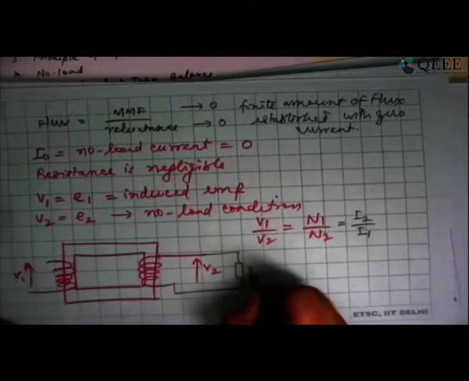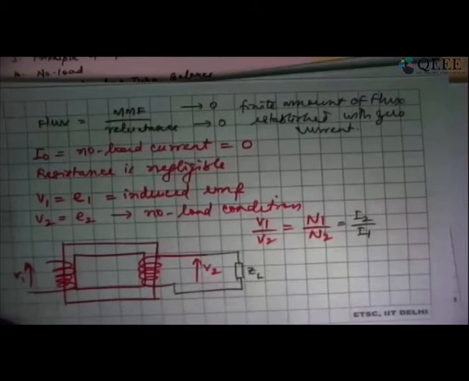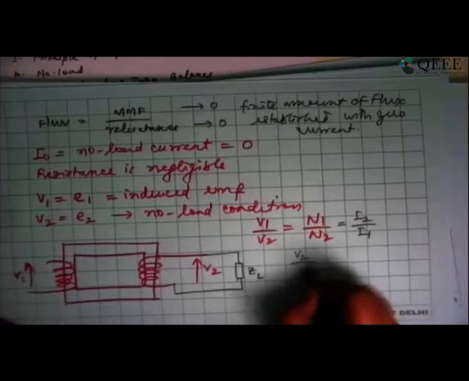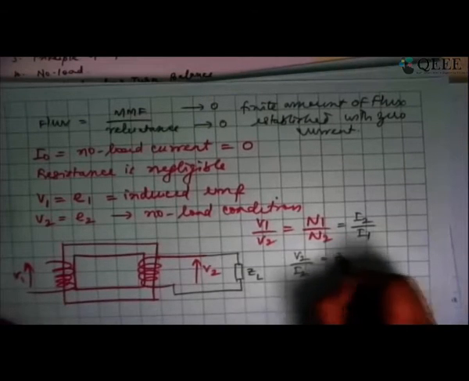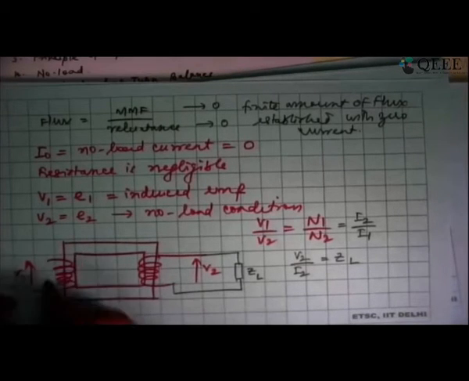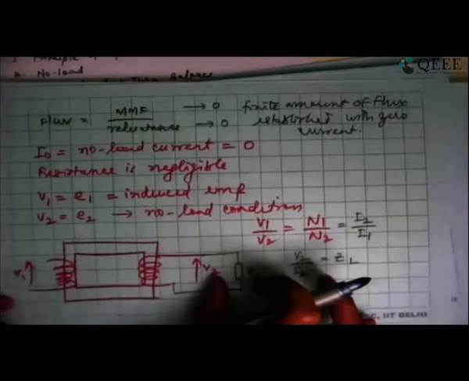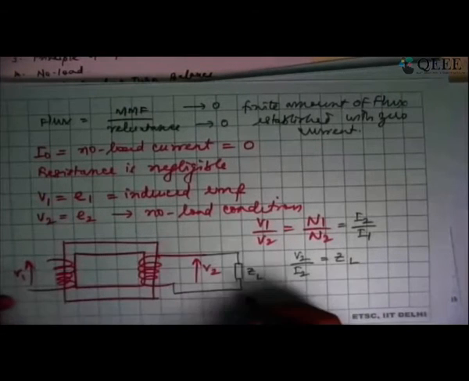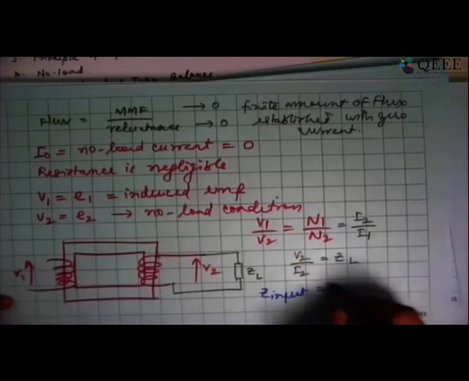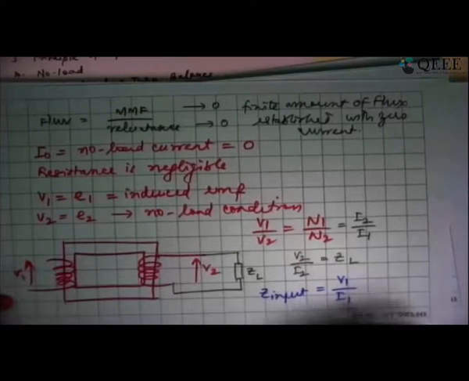Let's say I have a load ZL connected here. So V2 divided by I2 equals ZL. If I want to look at this ZL from the primary side as an input impedance, then Z input is equal to V1 divided by I1.